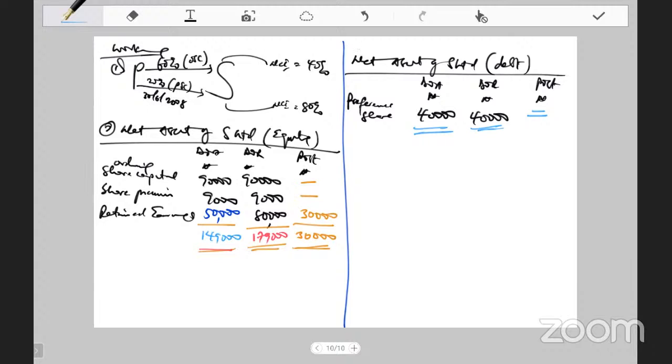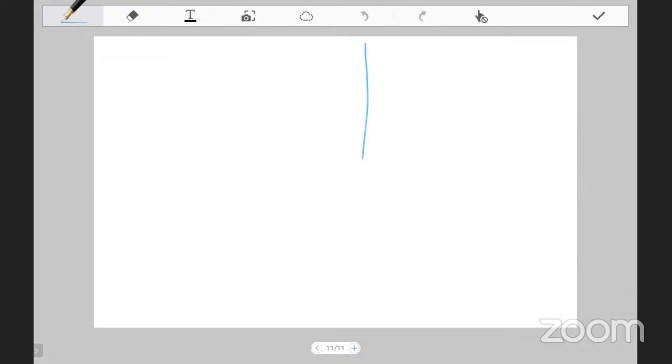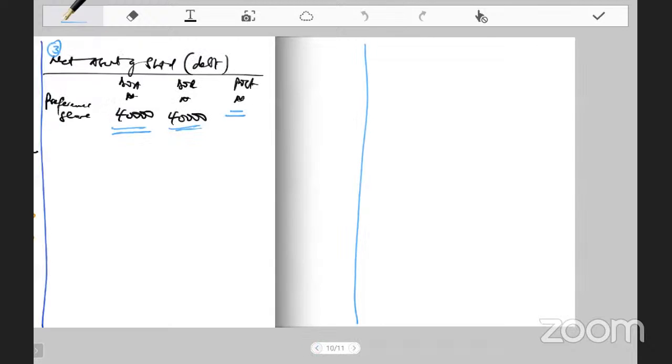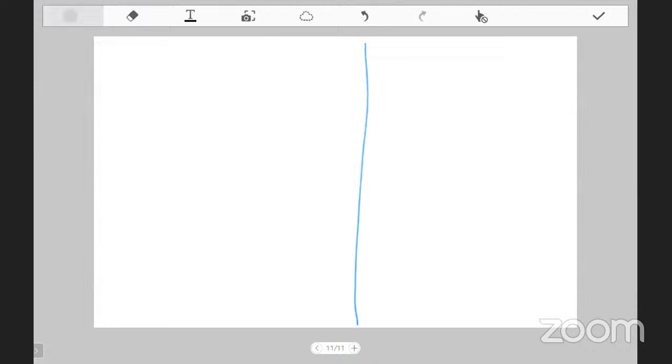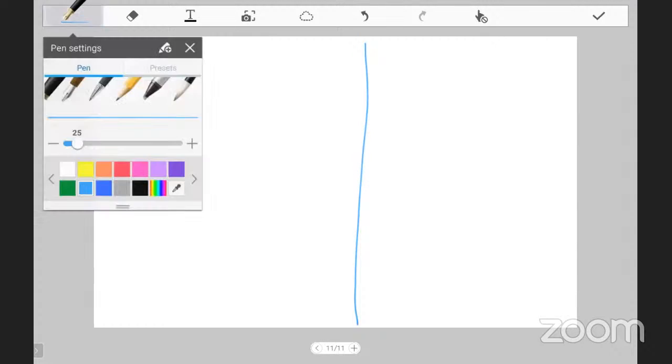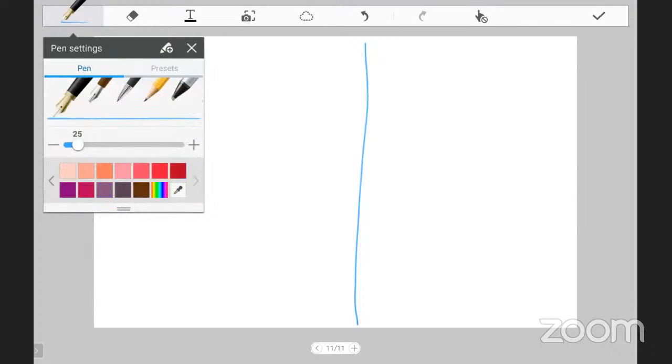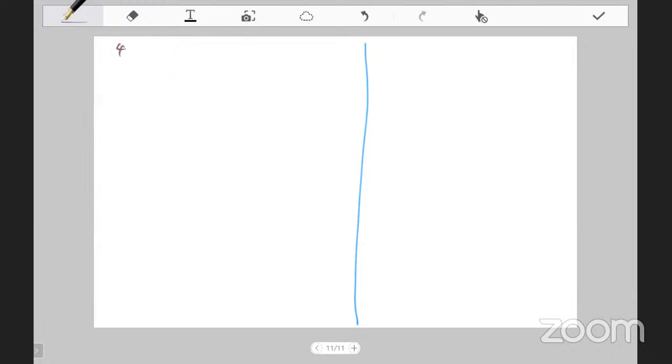Forgetting the net asset, the next element I need is the computation of goodwill. That is note 4. So let's go to our goodwill. In this case, like I told you, we're going to have two natures of goodwill.